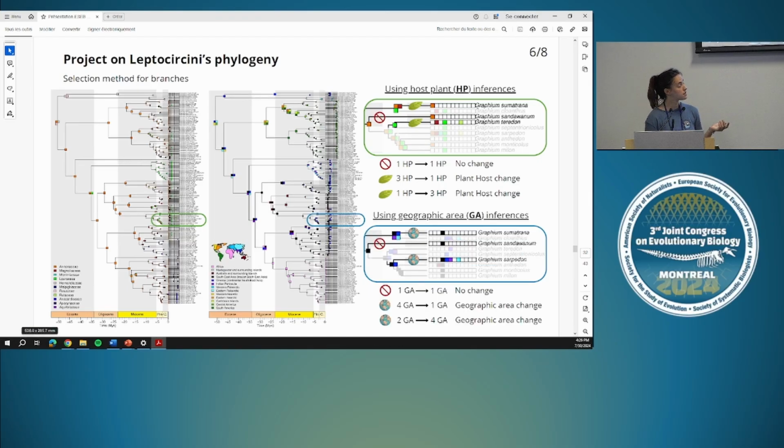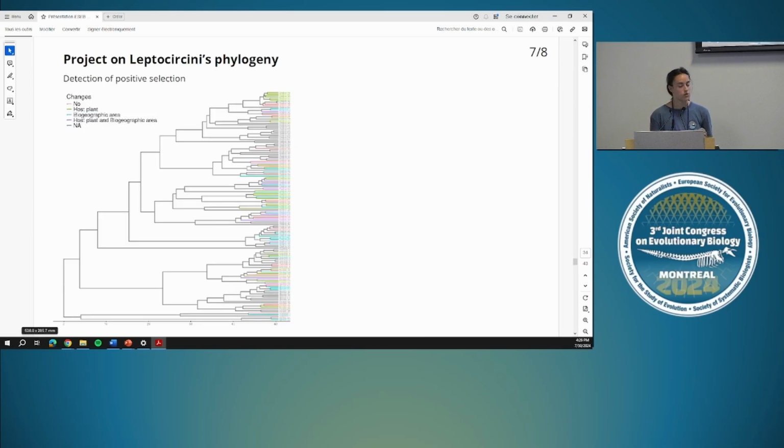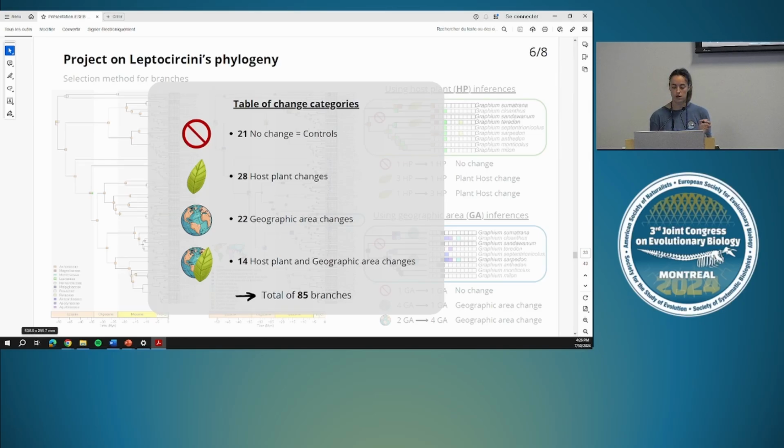In the set of branches we selected, none had a radical change of host plant regime or geographic area. In total, we categorized 21 branches with no change, 28 with a change of host plant, 22 with a change of geographical area, and finally 14 on which both types of change had occurred.